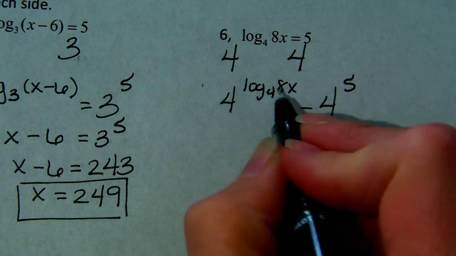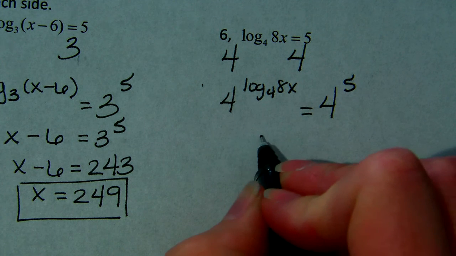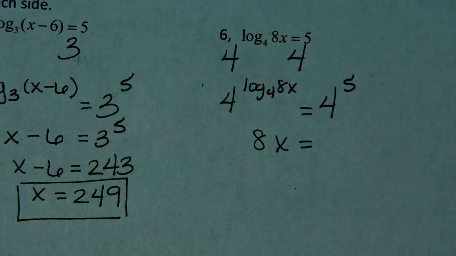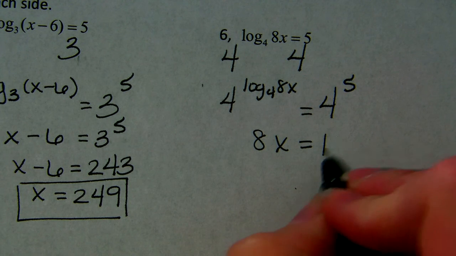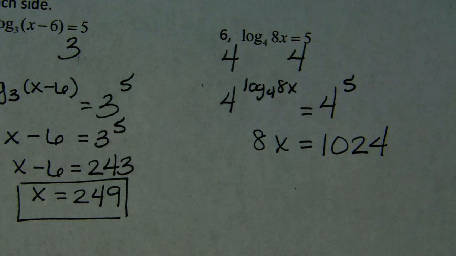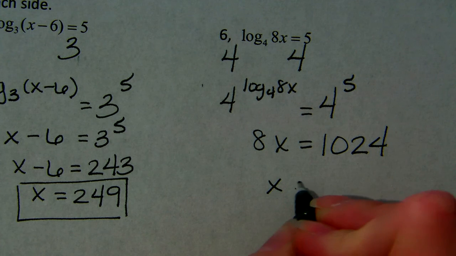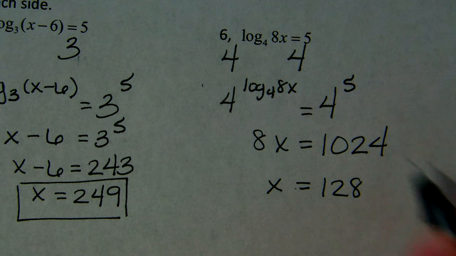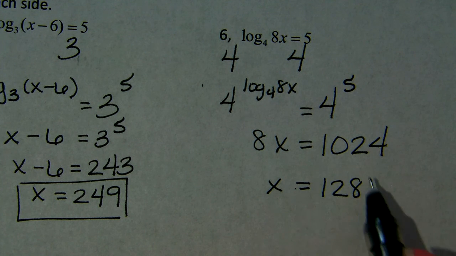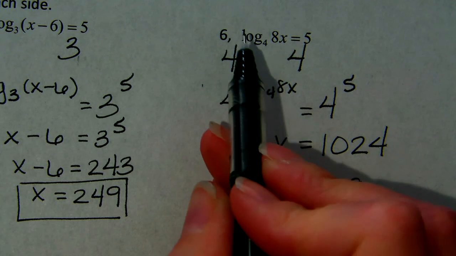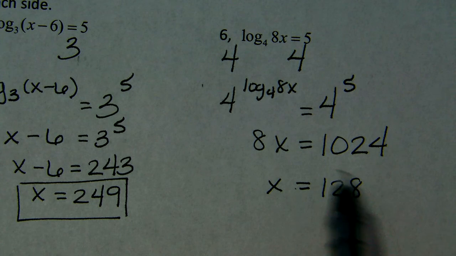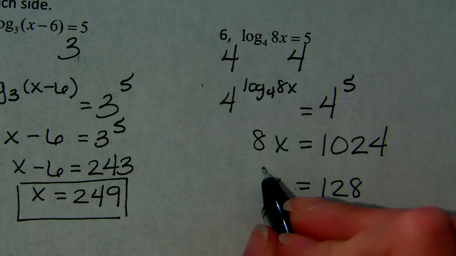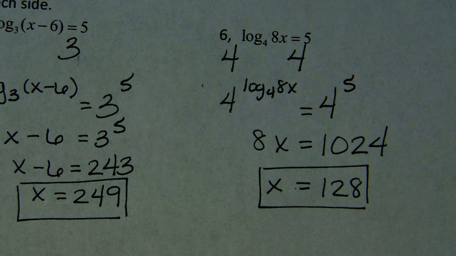And so this 4 raised to the log base 4 of 8x, the 8x just falls out, and 4 to the 5th power is 1024. And so x is equal to 128. And again, you want to make sure that that is not going to give us a negative number inside our log, but 8 times 128 is positive, so we're good. That's our answer.